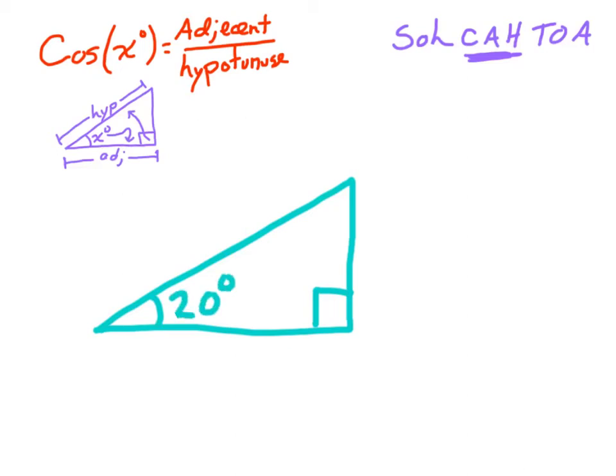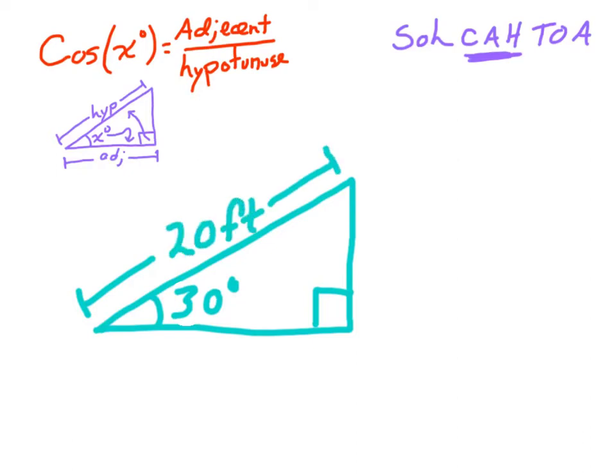Maybe it wasn't. Maybe it was 30 degrees. Oh, no, you're right. It was a 30-degree angle. And what we found was that the length of this slide was 20 feet, if you remember right. And I think the height we had was 10 feet, but that's kind of irrelevant at this point.